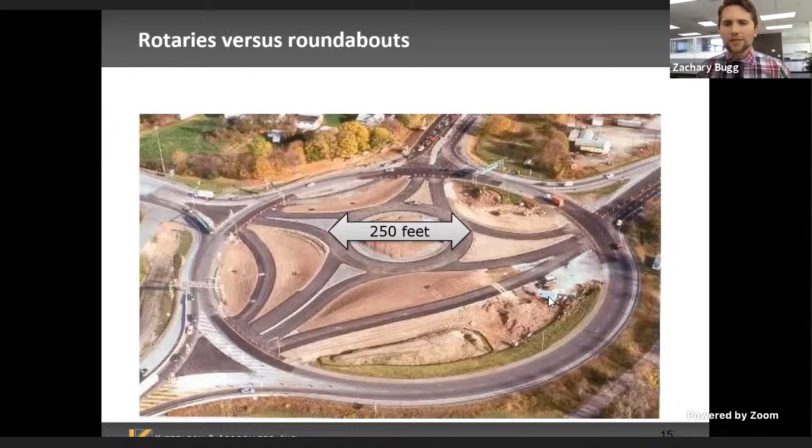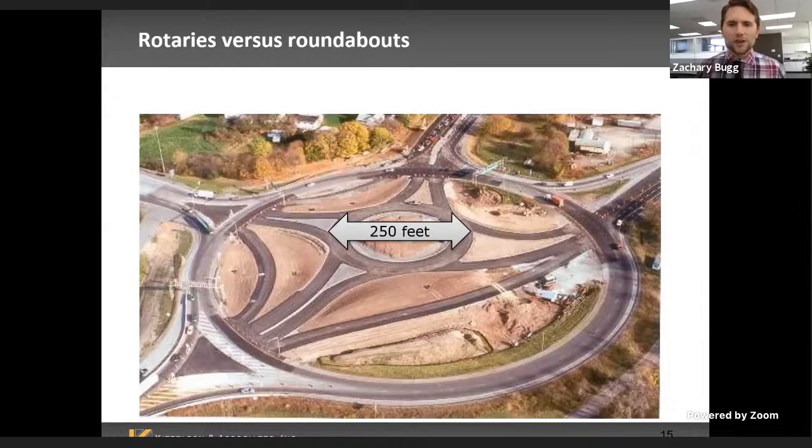So the effort here is to bring those back down to manageable size where there's speed control, much safer operation, and you don't have to worry about weaving segments between the entries and the exits. This one was retrofitted, and even 250 feet, as Ed said, would be on the larger side of roundabout sizing.